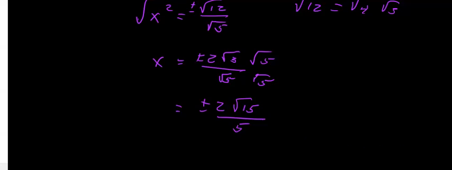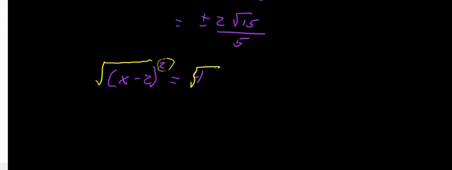All right, last example. Sometimes you're going to encounter problems that look like this. X minus 2 quantity squared equals 4. To solve this, all we do, because the squared term is by itself, we square root both sides.